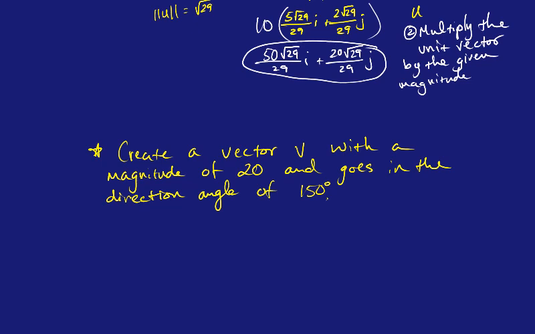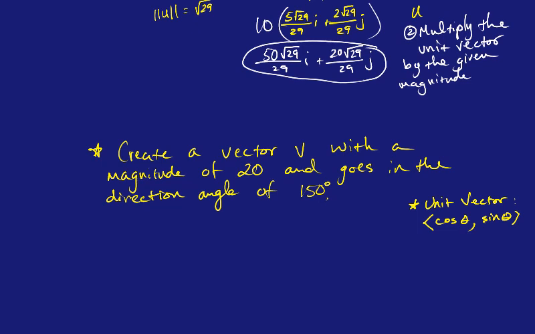One thing to know before you start: when you are given a direction angle, the way to create the unit vector is to think of the unit circle. In the unit circle, cosine relates to the x value, so the unit vector will be cosine of theta, comma, sine of theta, since sine relates to the y value. Cosine is your horizontal component, sine is your y component.